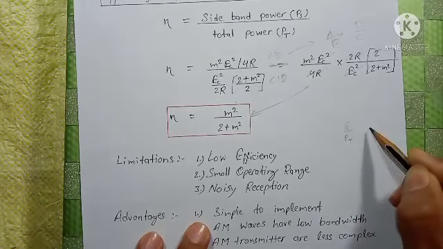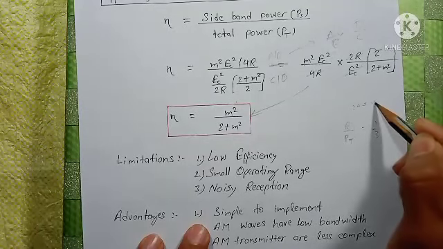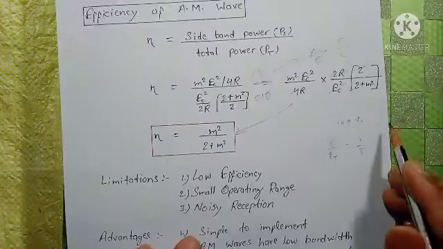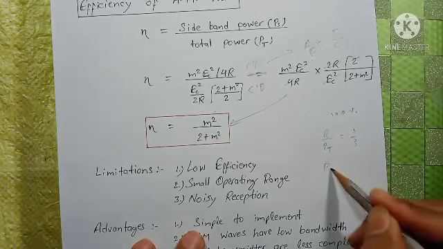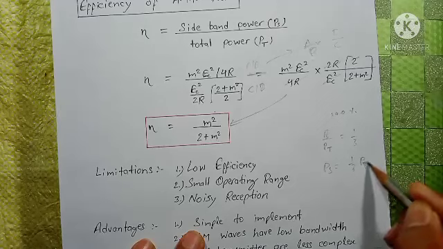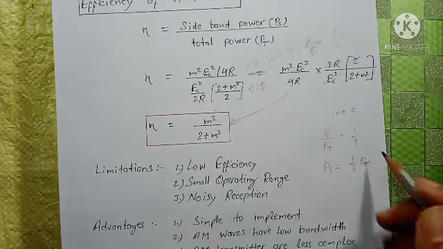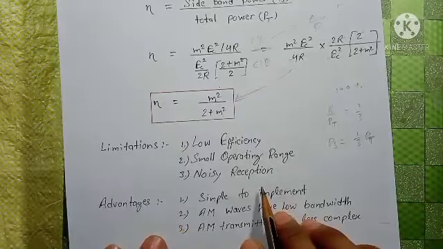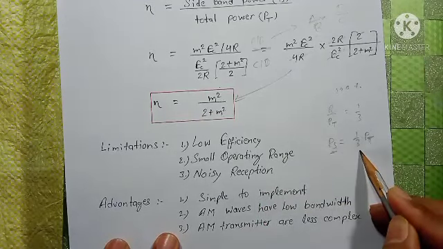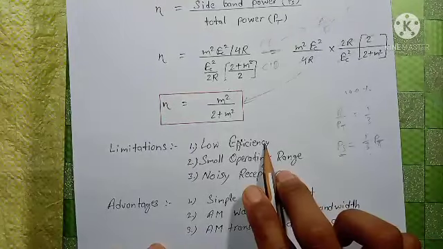PS divided by PT is only 1/3 when we get 100% modulation by the AM modulator, so PS is 1 by 3 into PT. So the efficiency of this type of modulation is very low.